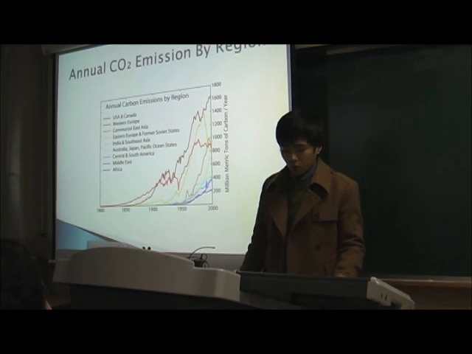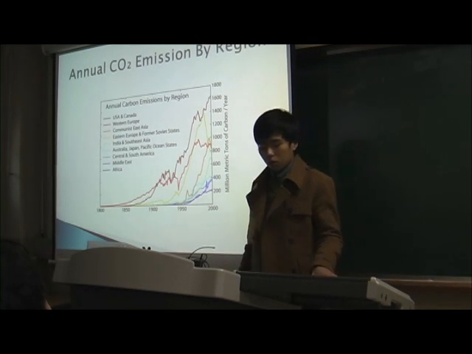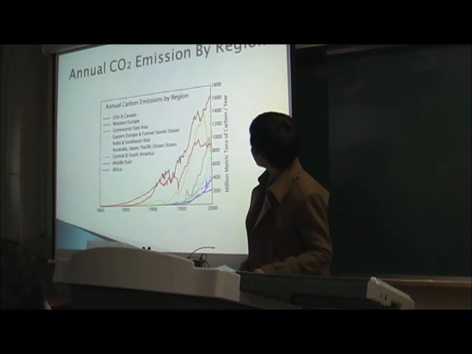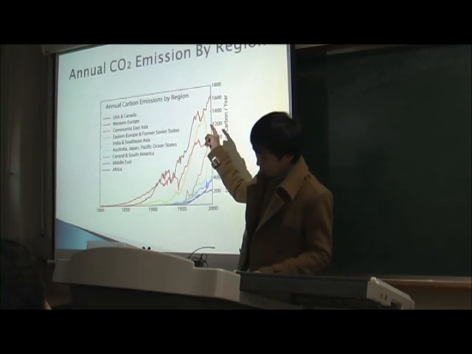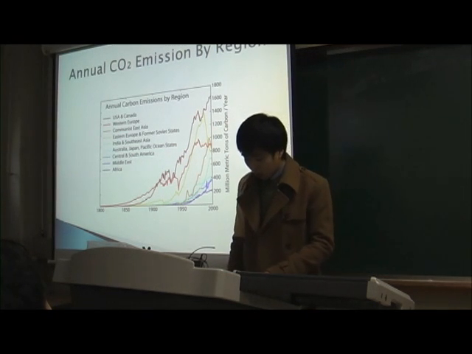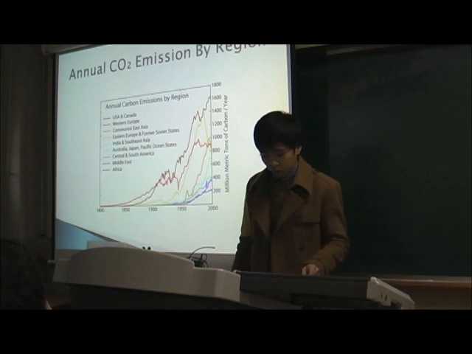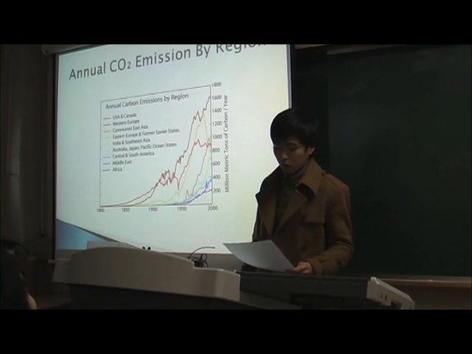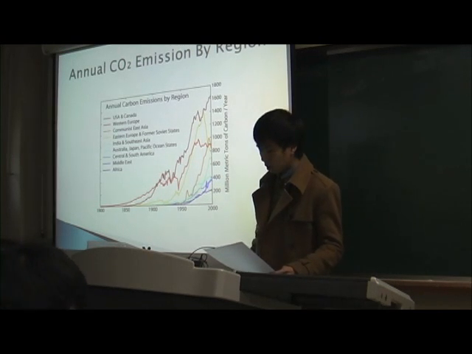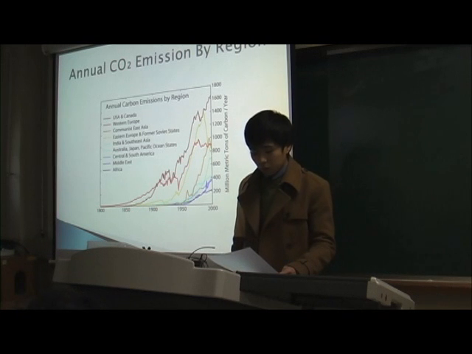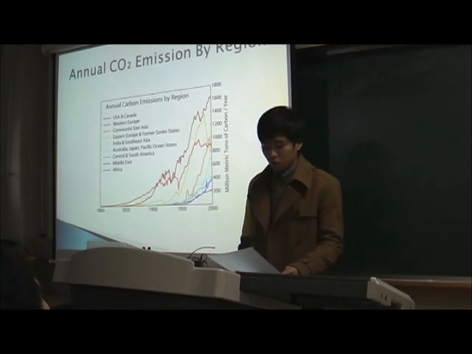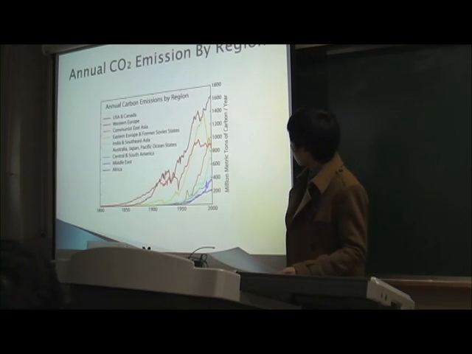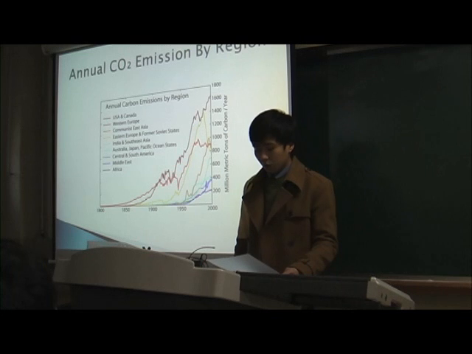In this graph, you can see that the amount of CO2 emitted from United States and Canada is highest by 2000. It seems to be sure that United States and Canada are the main culprits of global CO2 emissions. But I found the other interesting information in this graph.